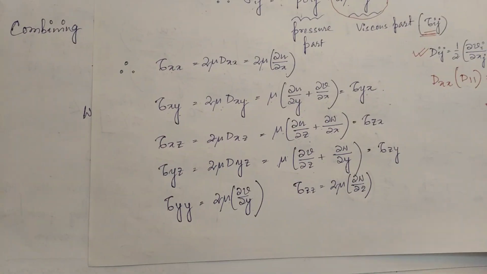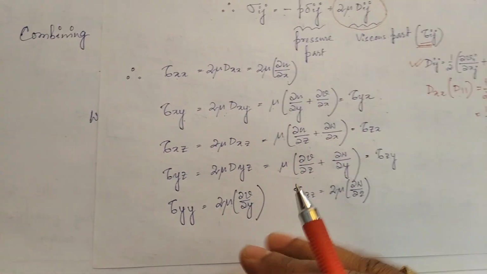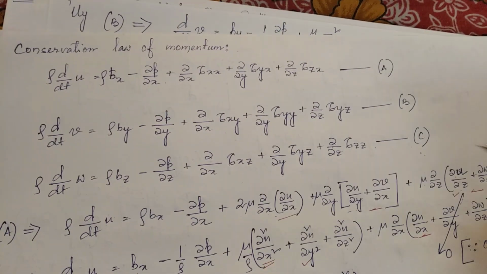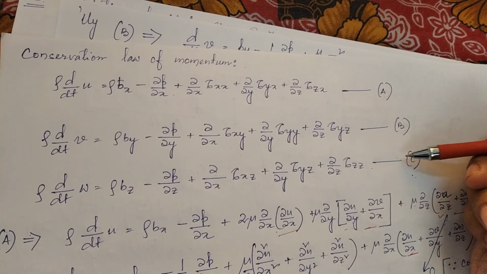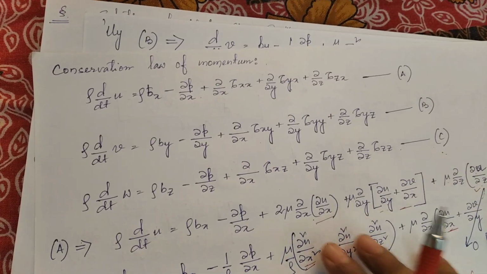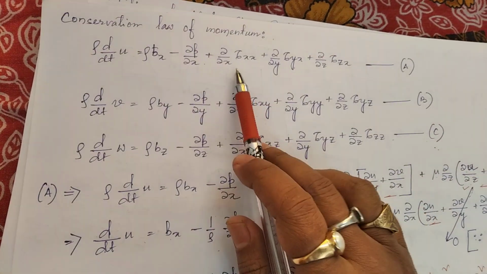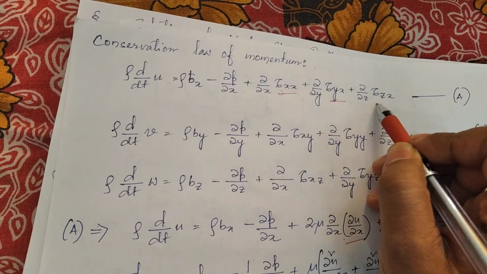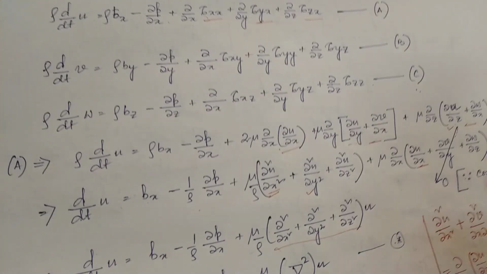After knowing tau xx, tau yx, tau zx, etc., now we go to our conservation law of linear momentum equation. These are the three equations based on the conservation law of linear momentum. Now we replace tau xx, tau yx and tau zx from the previous expressions.